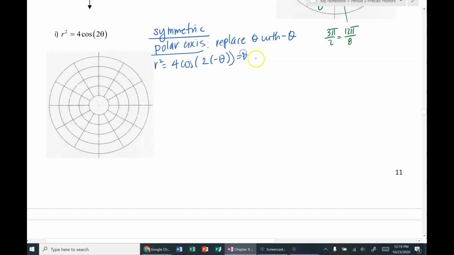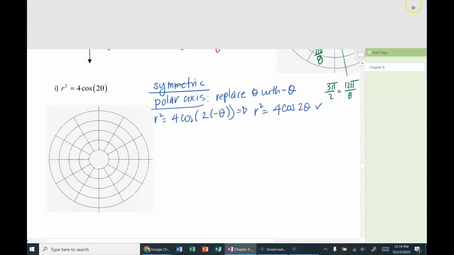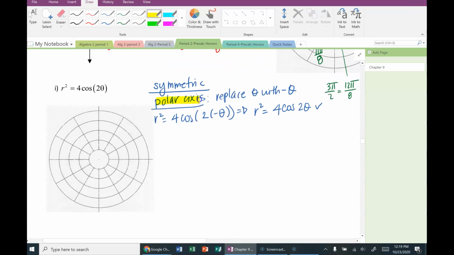Remember, cosine is an even function, meaning that the negative can just completely disappear. Oops, I forgot the 2. All right, so immediately we know that works. So we will highlight it, and then we will go check the other ones to see if they also work.